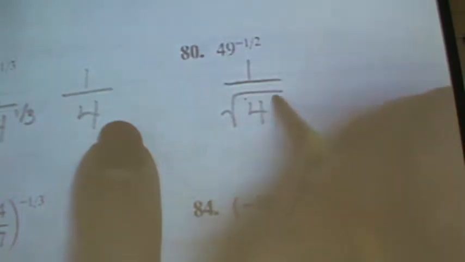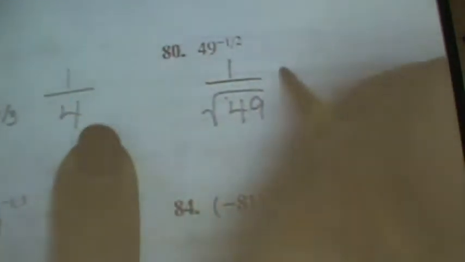Well, a negative exponent means just bring it to the denominator. So this is saying negative 1 over 64. I want you to take the cube root of that at the bottom. So this would be 1 over 4. This one, same thing. I want you to take the square root of 49 in the denominator. So this would be 1/7.